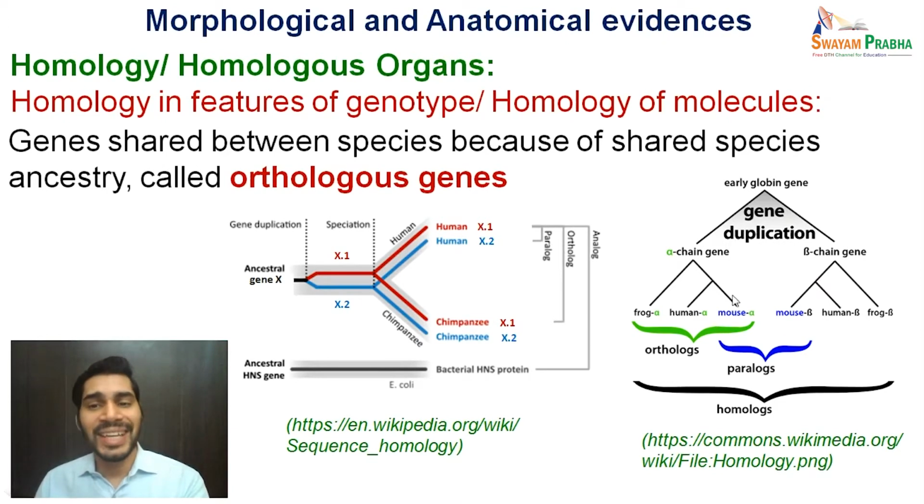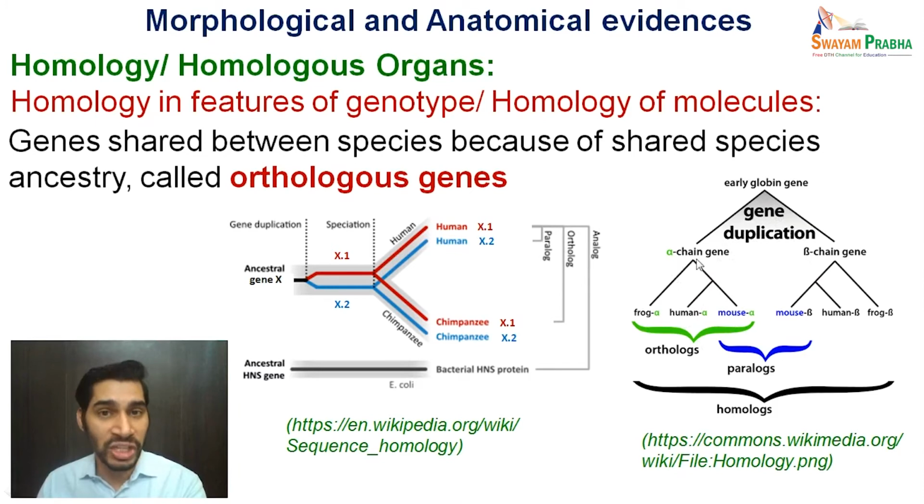Here, this is an example of, let's say, globin gene family. So there is an early globin gene which has undergone gene duplication and has formed alpha gene and beta gene. Now this alpha gene, after gene duplication, has speciated. That means it has passed on to different species, let's say frog, human and mouse.